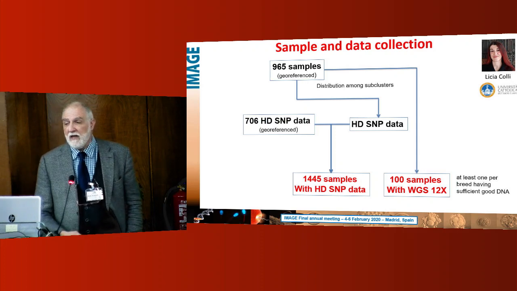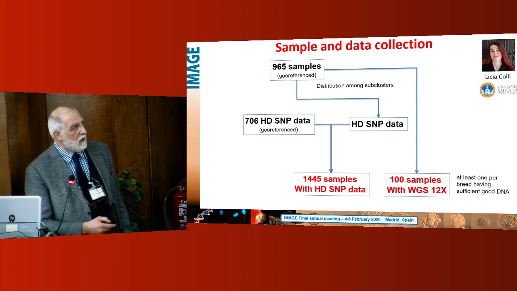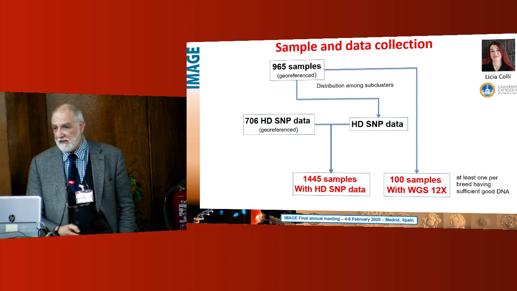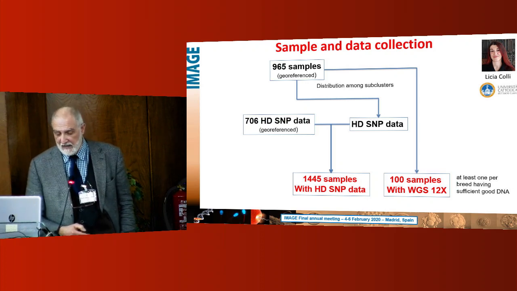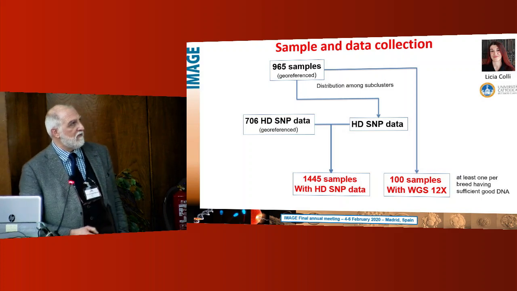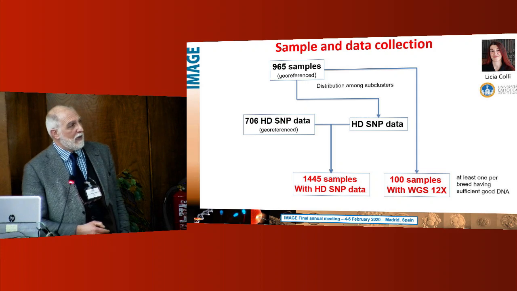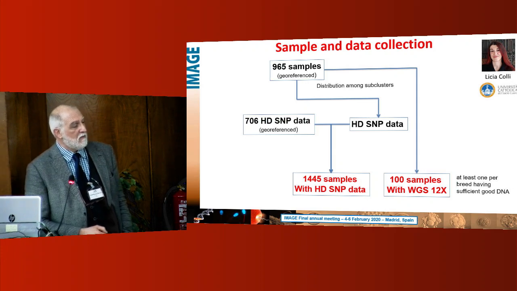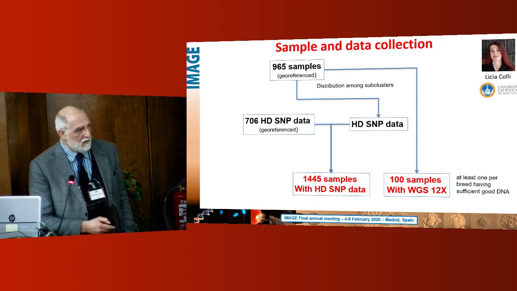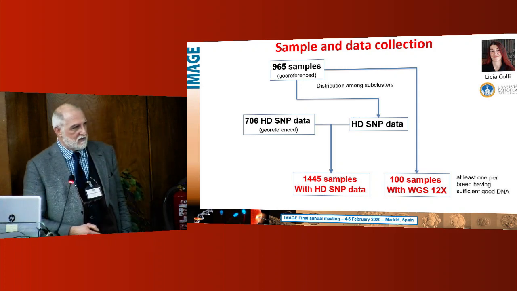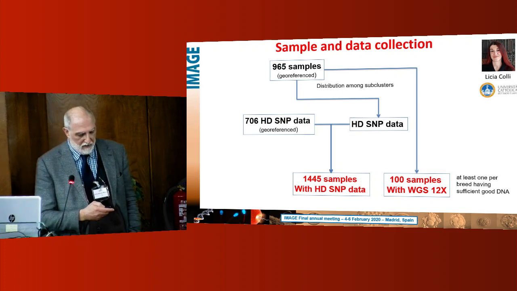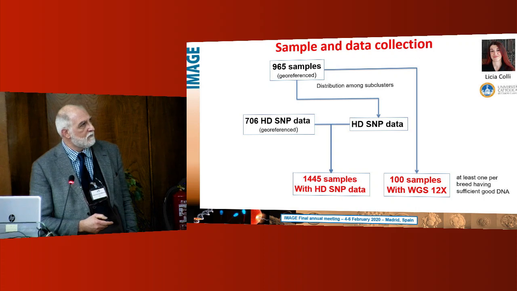Because of the decrease in the cost of sequencing, we could analyze HT with the 600,000 sheep SNP chip, more than 700 animals. At the end, our study sampling included more than 1,400 samples, and among these 100 were completely sequenced.